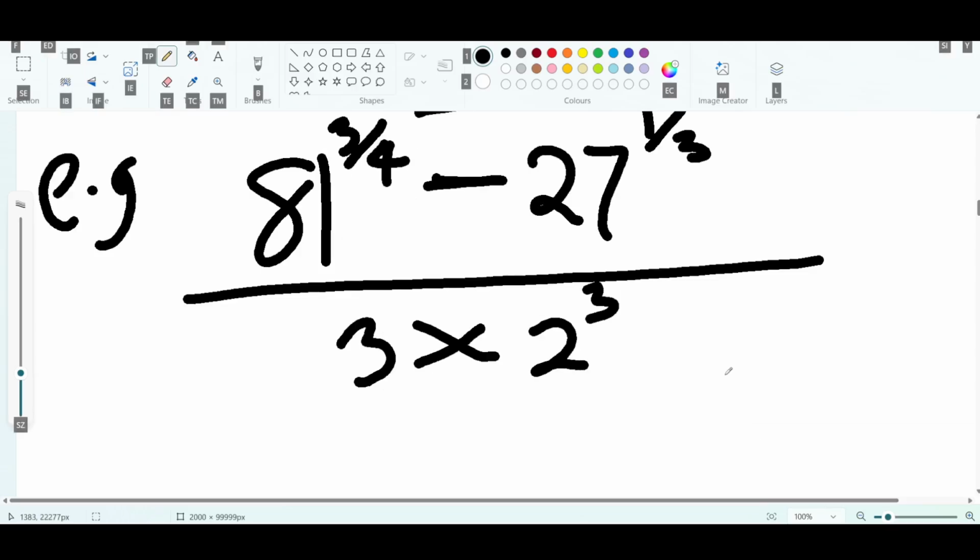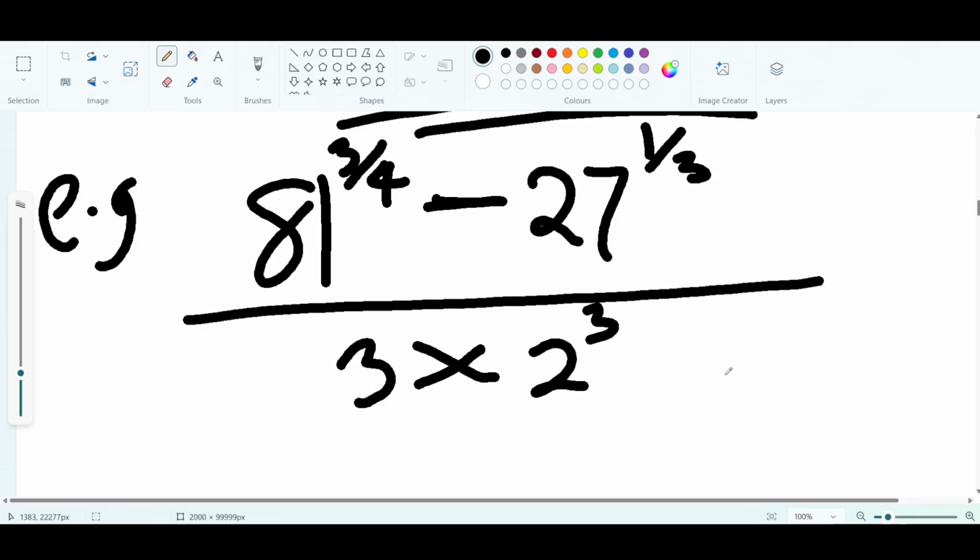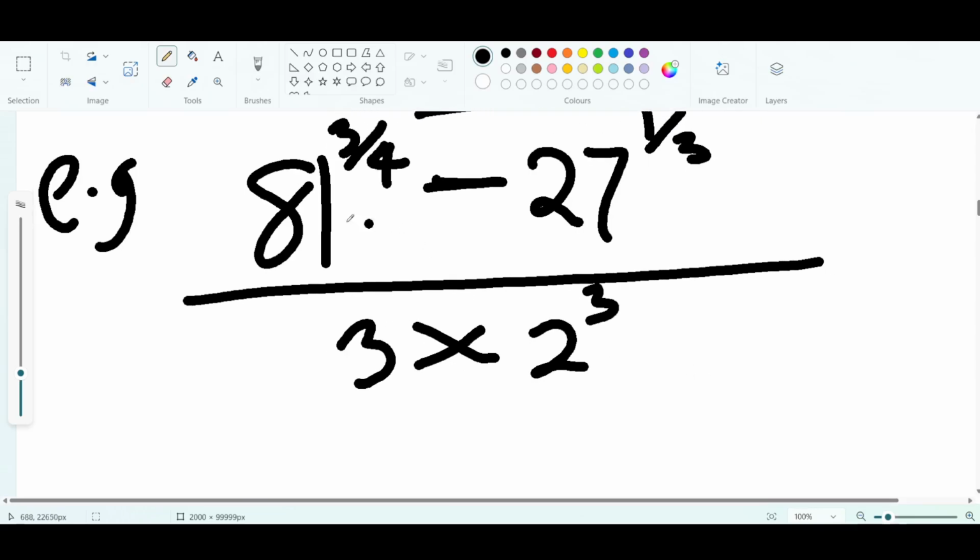Okay, given this example, what do we do first? 81 is 3 raised to power 4. 27 is 3 raised to power 3.